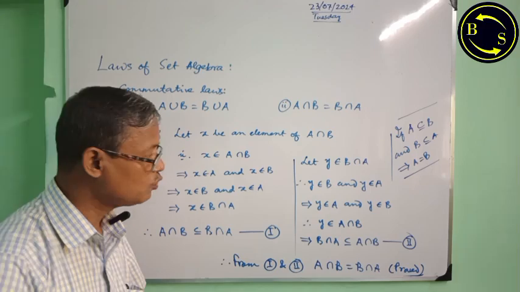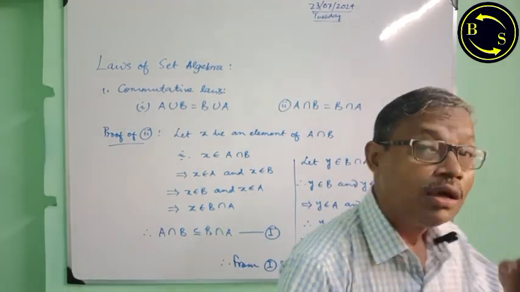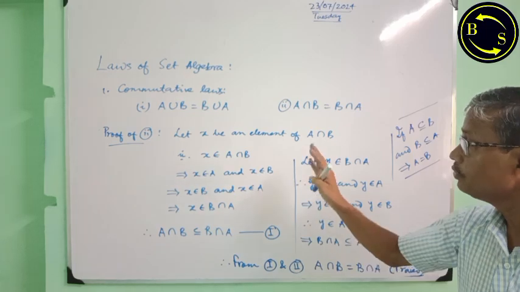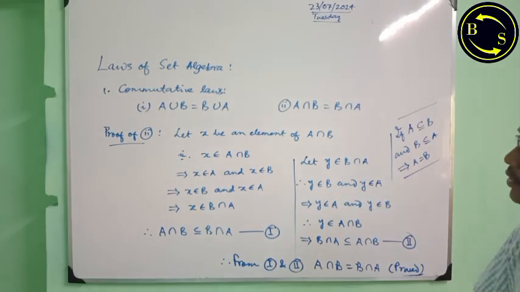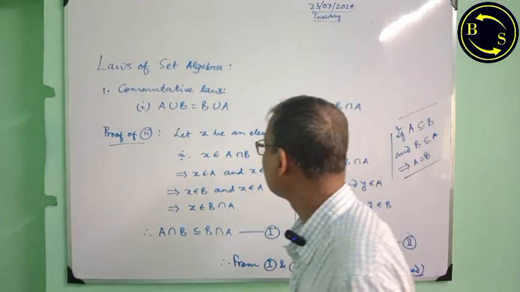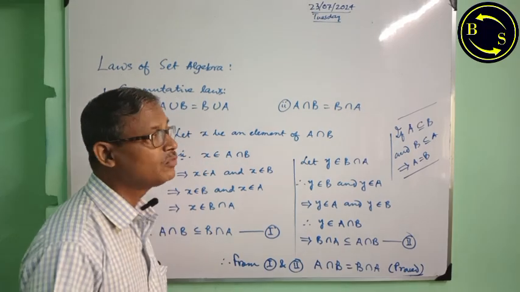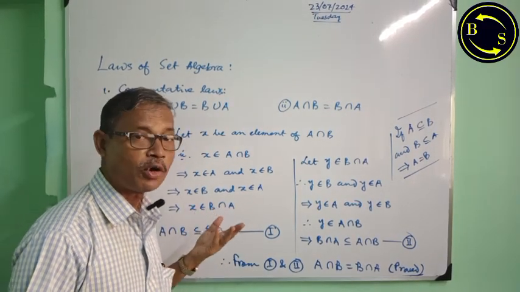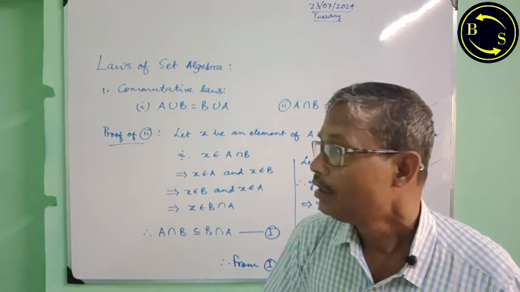If you are asked to prove that two sets are equal, you are to follow these steps. Don't think that Venn diagram, with the help of Venn diagram, is the proper way of proving.